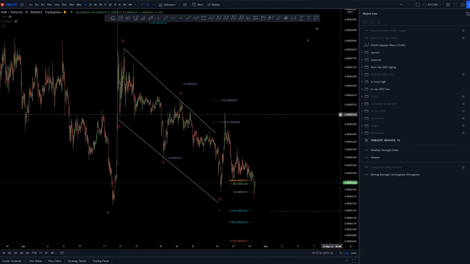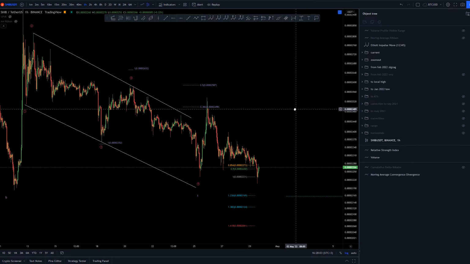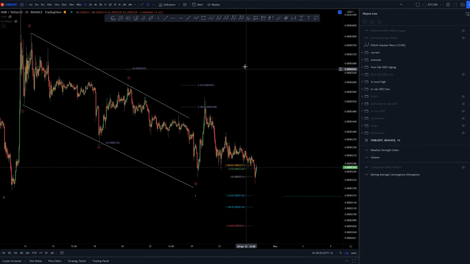The second, however, looks a bit more five-wave-ish. It could be some kind of combination here, if we want to say it is actually a B wave. So it could be done here, at which point we would be saying that wave 2 is here and expecting way lower for the wave 3.